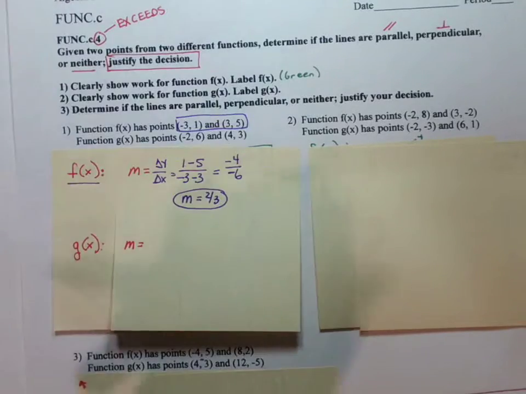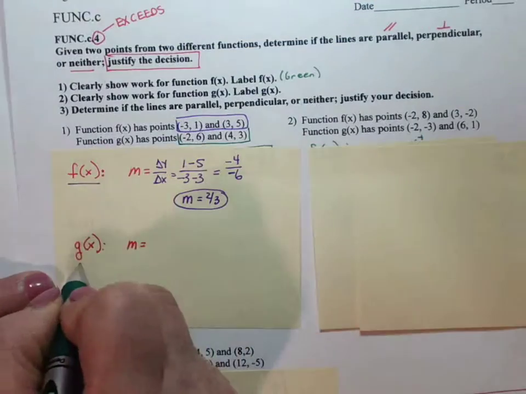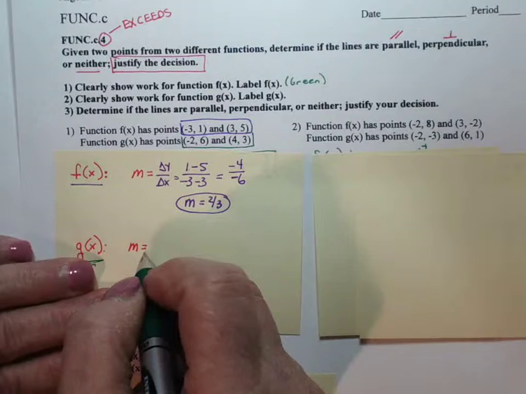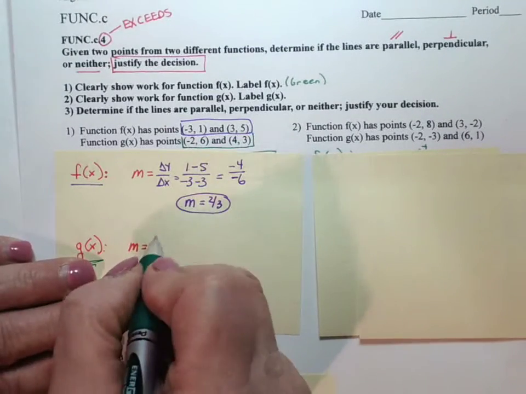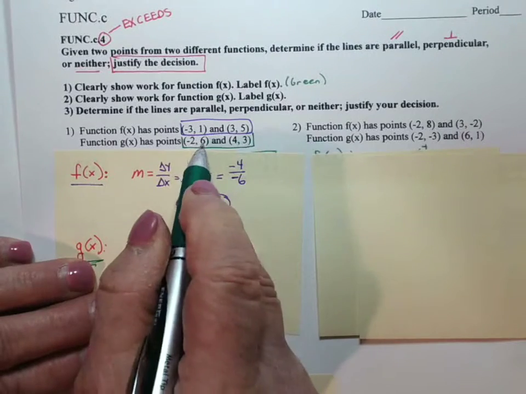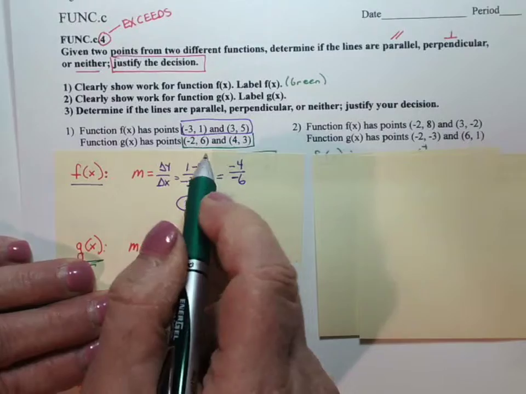Now I'm going to find the slope of the second function, the g of x. M equals, okay, remember, change in y over change in x. So the y's 6 minus 3, just like I read.